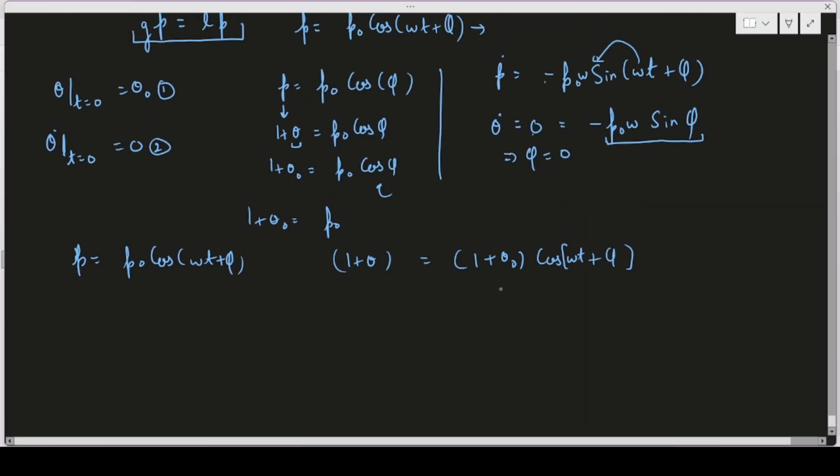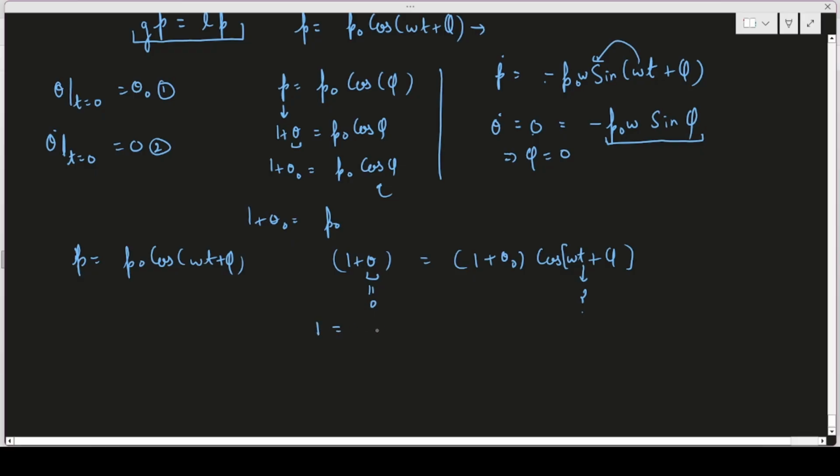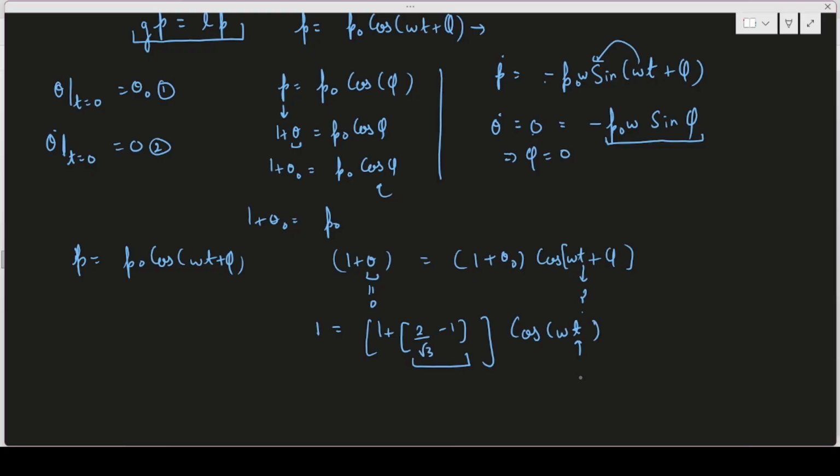We have to find when theta equal to 0, which means the thread becomes vertical, what's the time at that moment? So 1 equal to 1 plus theta naught, where theta naught we put as 2 by under root 3 minus 1, this was our initial angle, into cos omega t. We have to calculate t, and phi we have calculated to be 0.